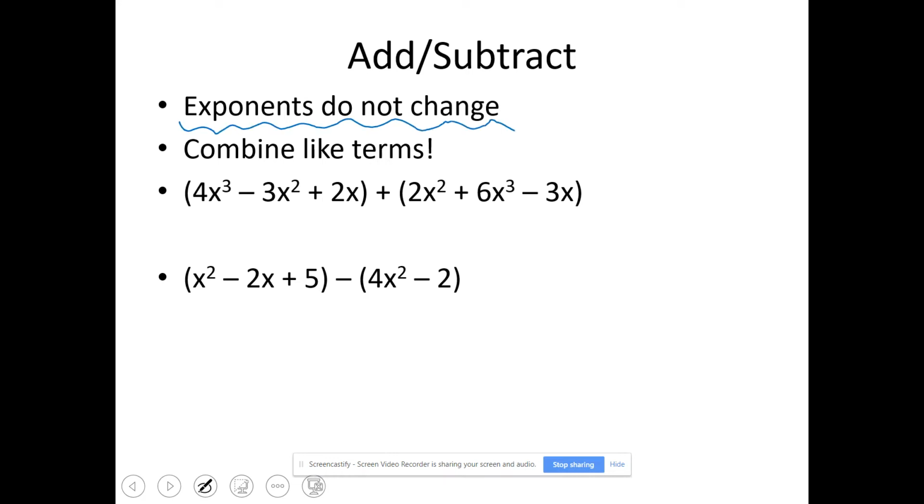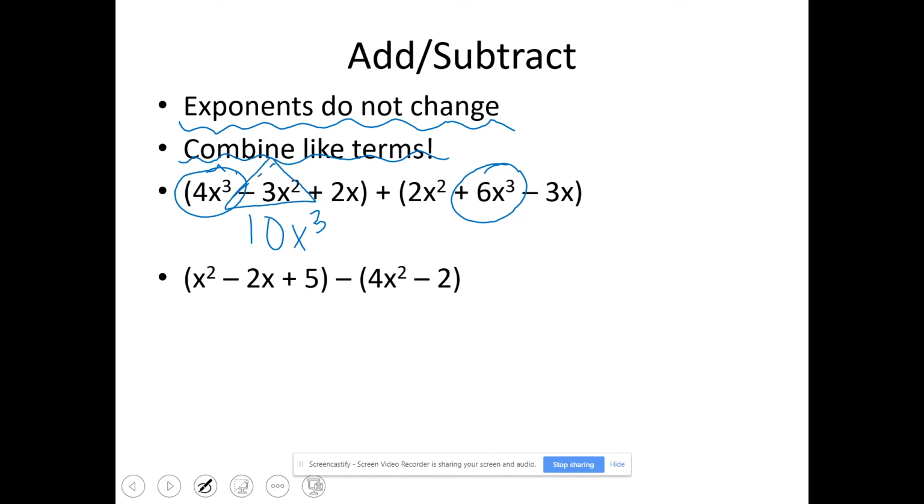Exponents do not change when we add and subtract, and we are combining like terms only. So we have 4x cubed plus 6x cubed. 4 plus 6 is 10x cubed.